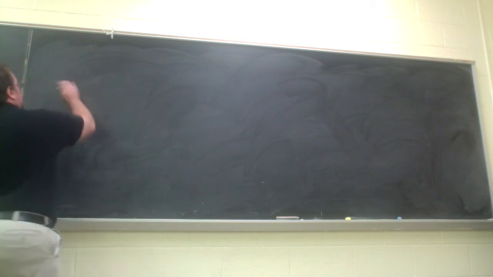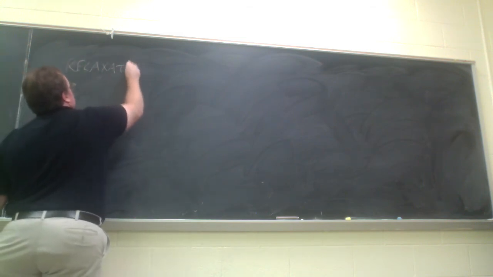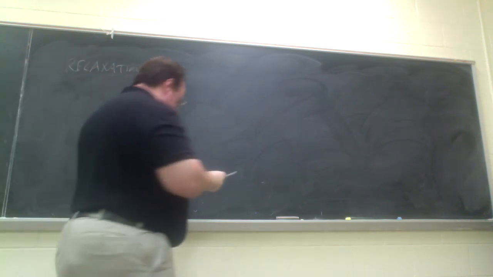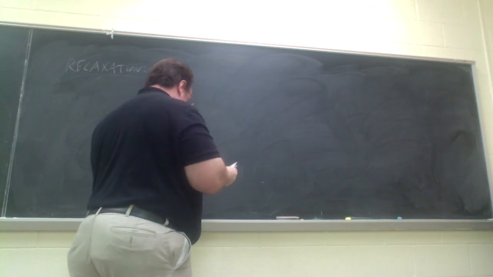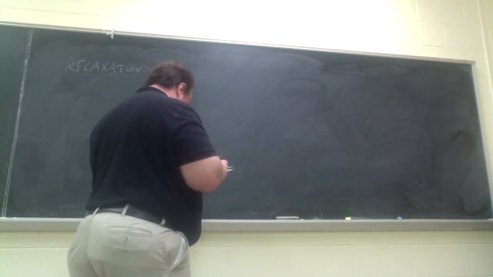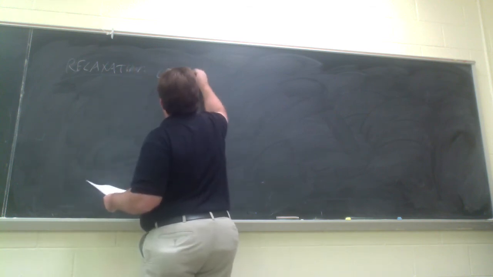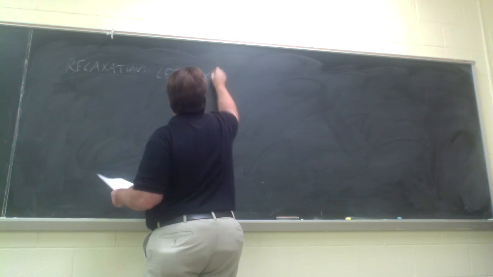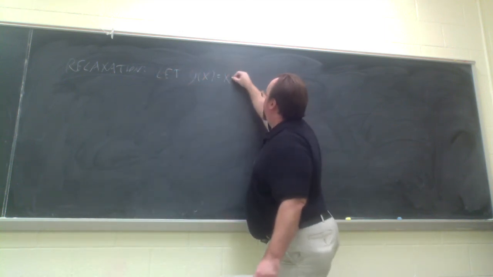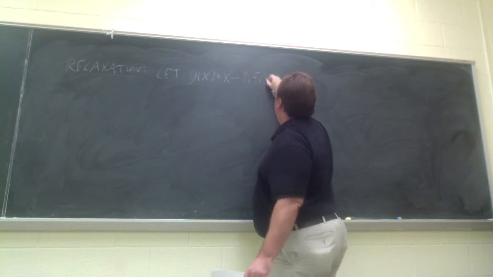So this investigation is about relaxation. And what I mean by relaxation is I'm going to let g of x equal x minus some constant lambda times f of x.